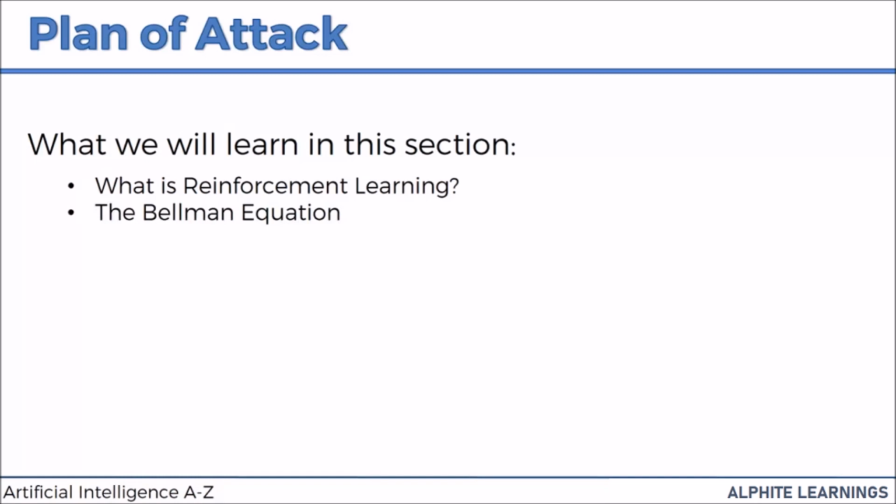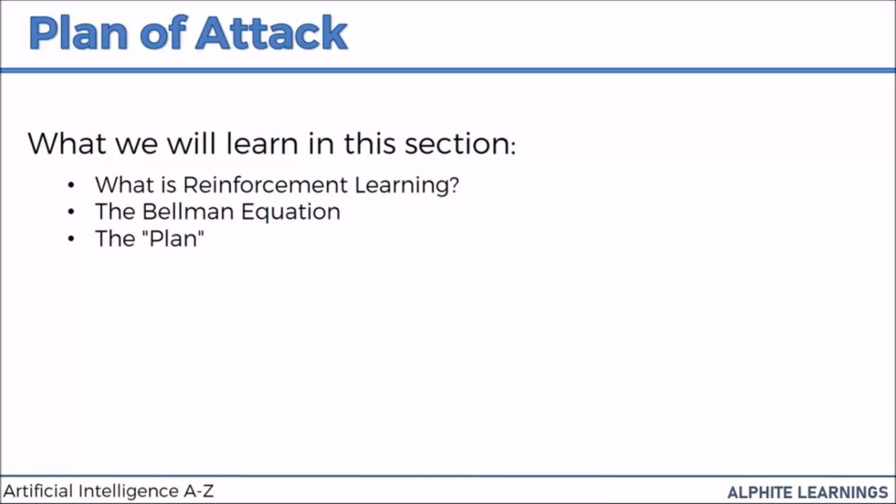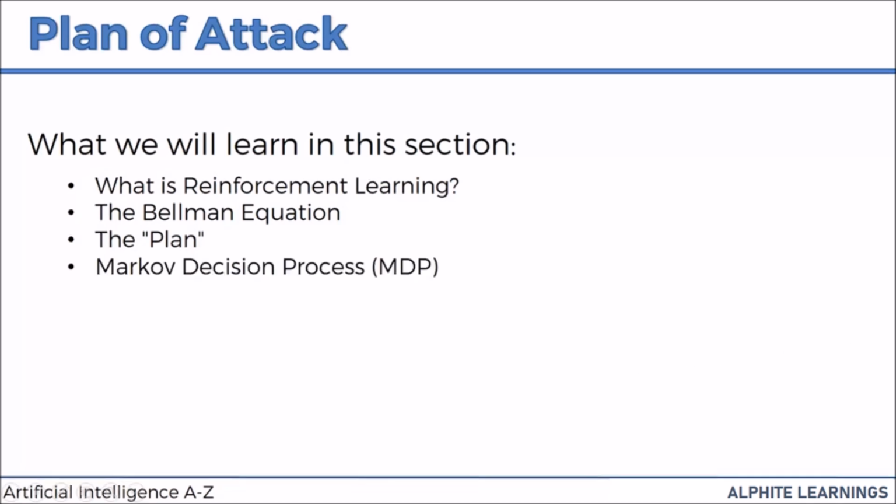Then we'll talk about the plan the AI comes up with in order to navigate certain environments. We'll see how that comes together very quickly, and it will be quite interesting. Then we'll talk about MDP. What is meant by MDP?